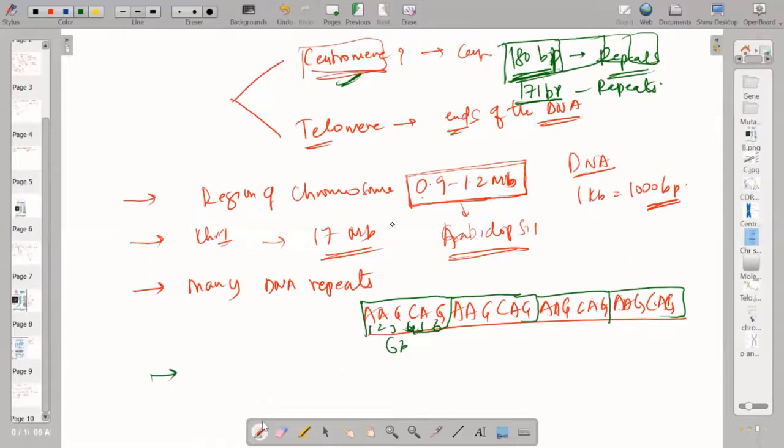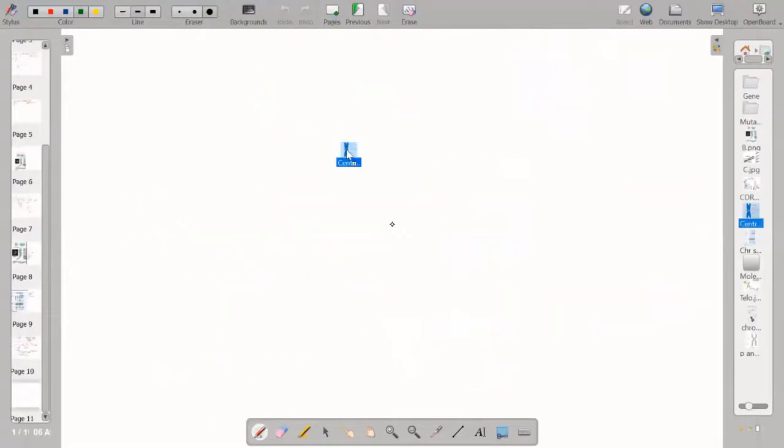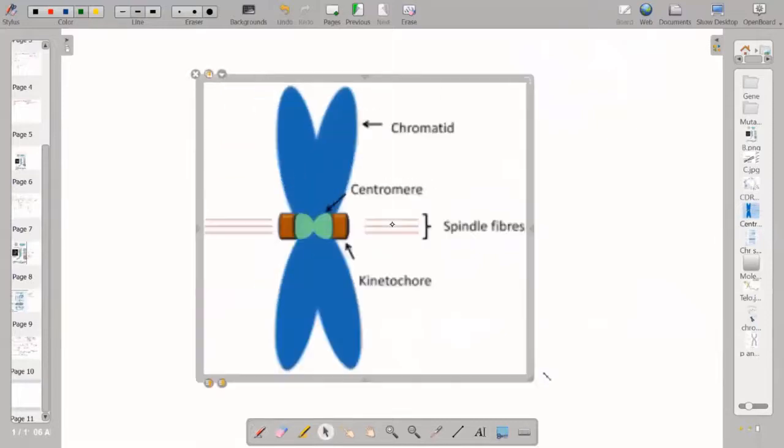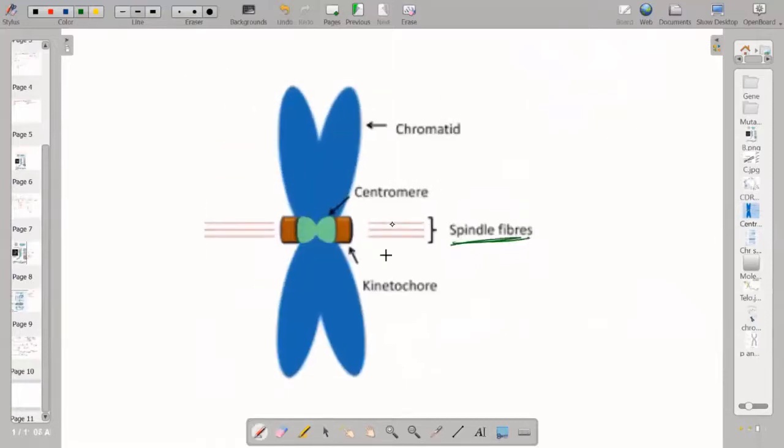At these repeated sequences of the DNA, you see the protein called kinetochore binding. The kinetochore binds at the centromere region. If you remember, the spindle fibers bind to the centromere region and pull these chromosomes apart, right?